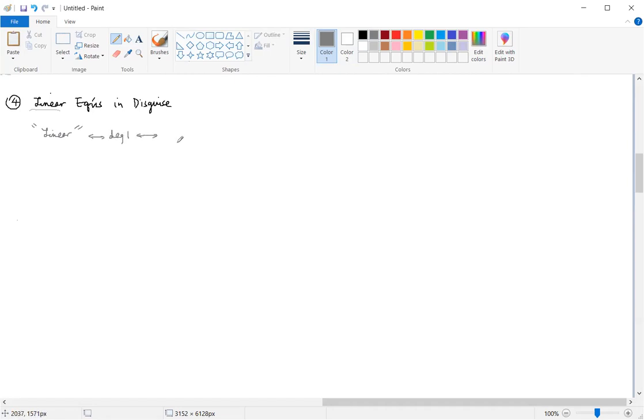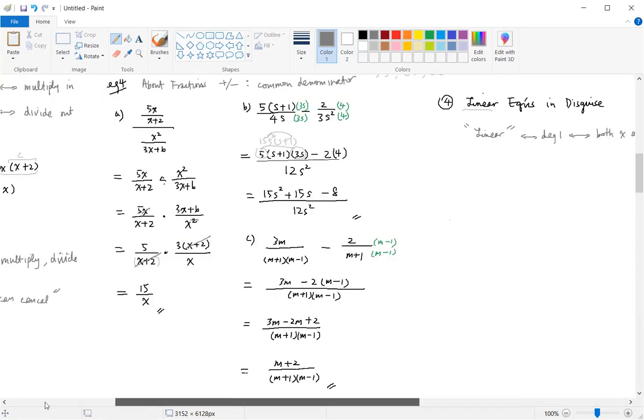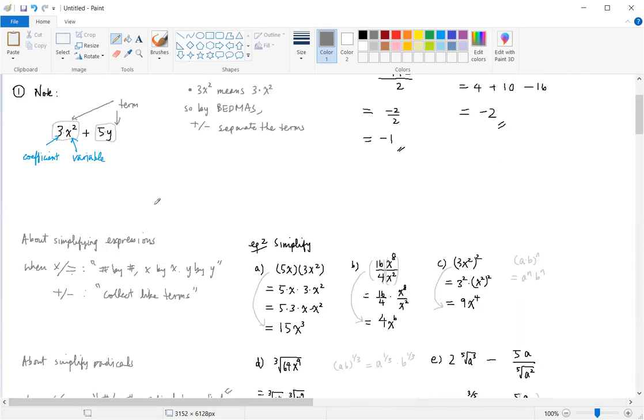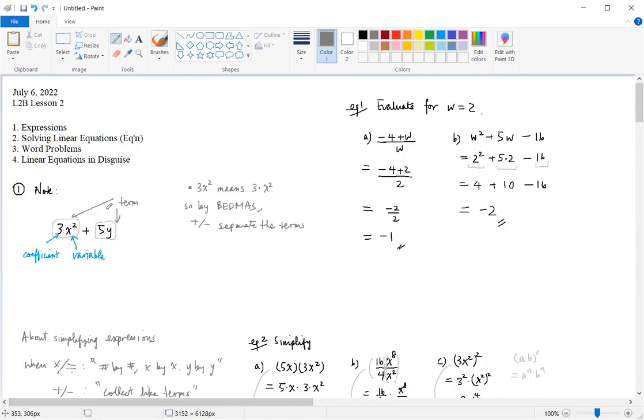It means that in the equation, both x and y have to be exponent 1. The degree of a term is the sum of the exponents. So you see all of what we have done are linear equations before, right? Part 2 was linear.